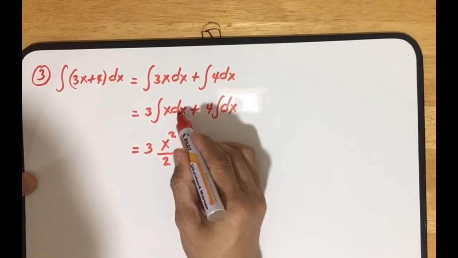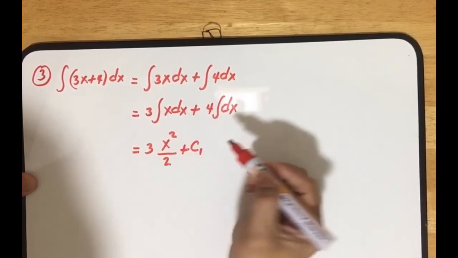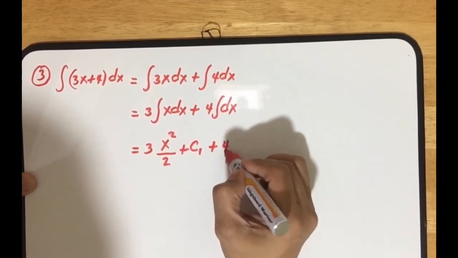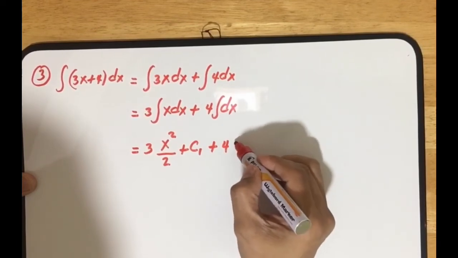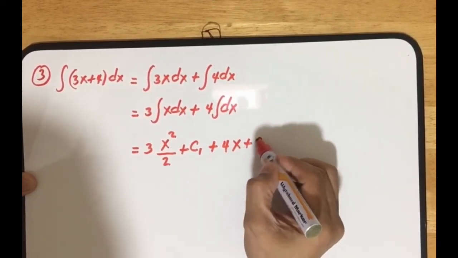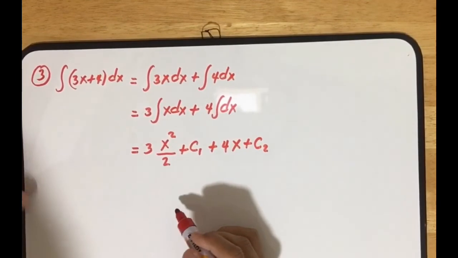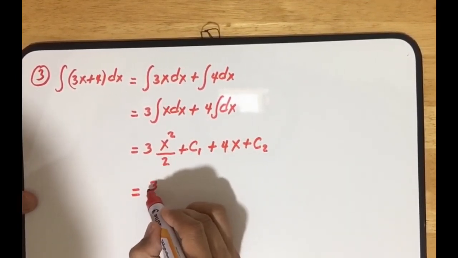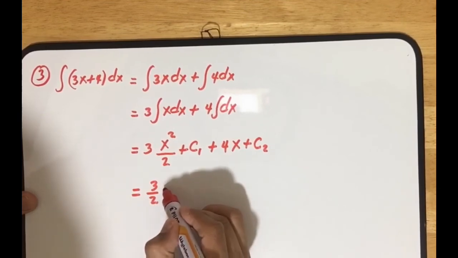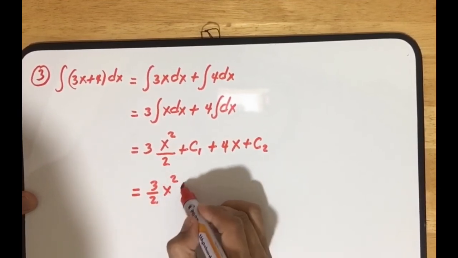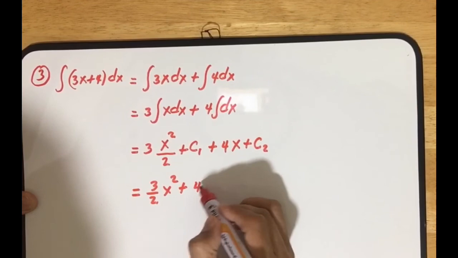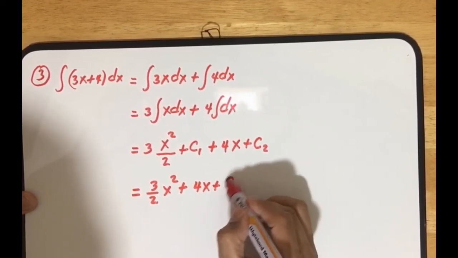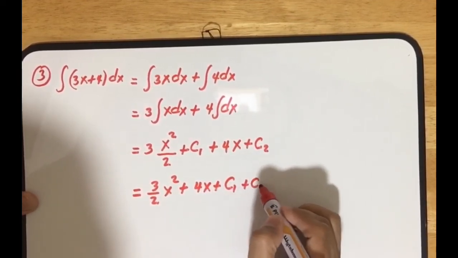Applying the power formula, 1 plus 1 is 2, and n plus 1, which is 1 plus 1, is also 2, plus a constant of integration, you can call it c1. Then plus 4, the integral of dx is just x, then plus a constant c2. You can rewrite this as 3 over 2 times x squared plus 4x plus c1 plus c2.